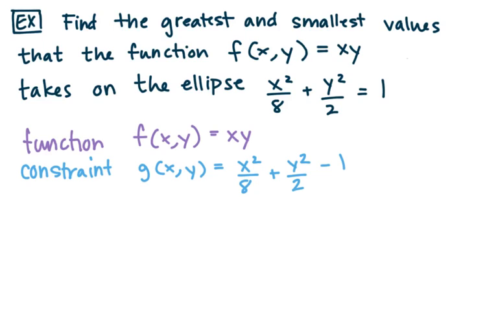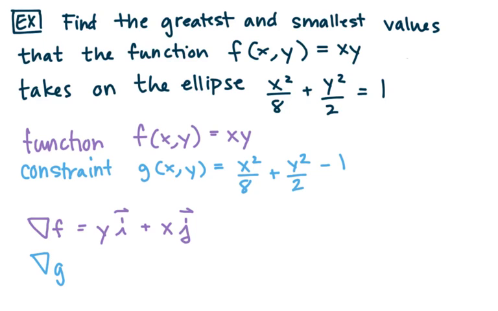In order to do that, first we need the gradient of f and the gradient of g. The gradient for f is going to be y i plus x j, y being the partial with respect to x and x being the partial with respect to y.